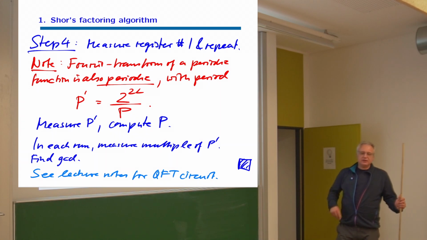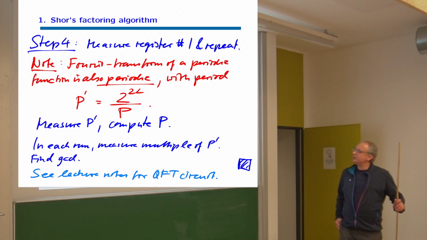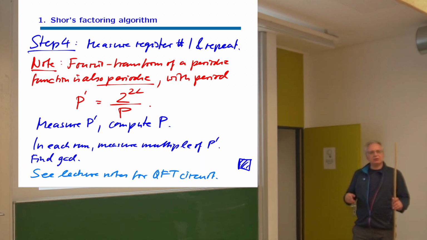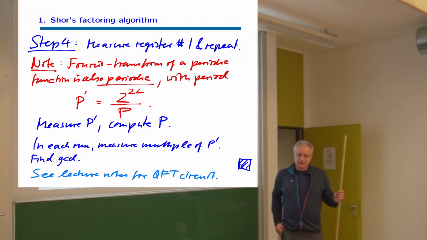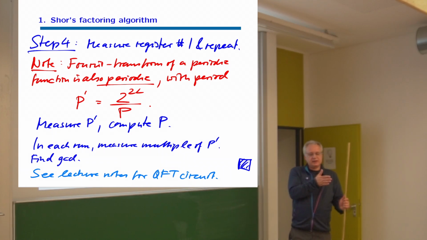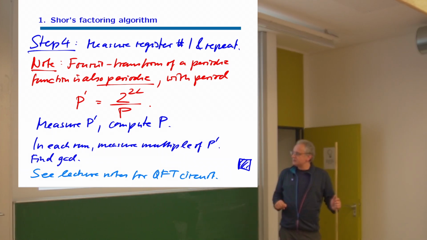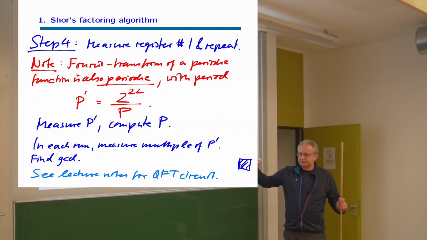The probabilities for obtaining an outcome corresponding to this peak or that peak don't depend on those phase factors. When I go from amplitudes to probabilities, these phase factors drop out. And so I have converted something that was harmful, namely the horizontal offset, into something that's harmless, namely the phase.